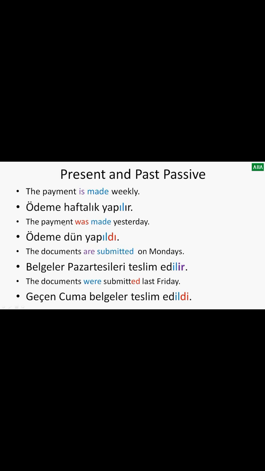So the payment was made yesterday, which is past tense, passive voice of past tense. So here I use here ıldı, yapıldı was made, yapıldı. Ödeme dün yapıldı.